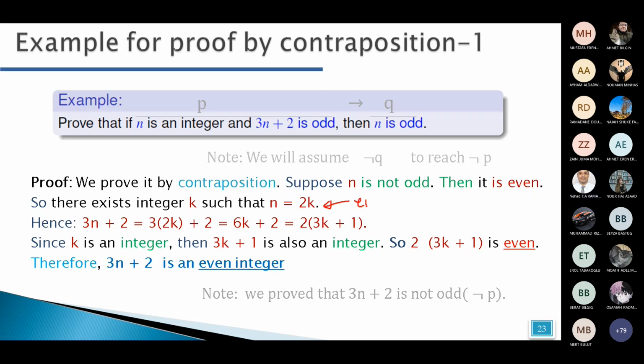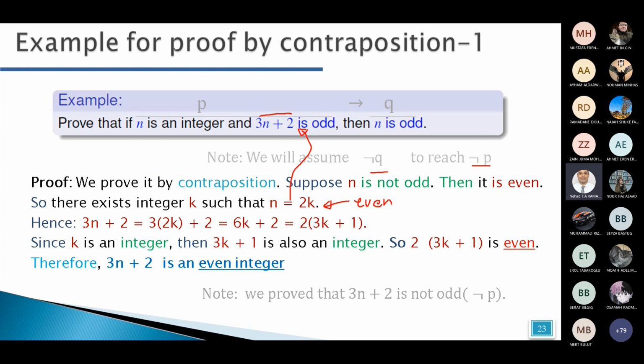Okay, now we need to apply this to the left side. So now we need to prove that this one is also even, sorry, because we start from not Q and reach not P. Okay, how to use it?